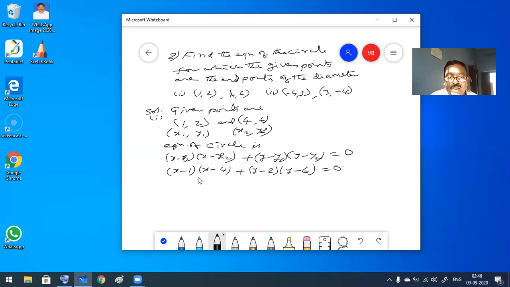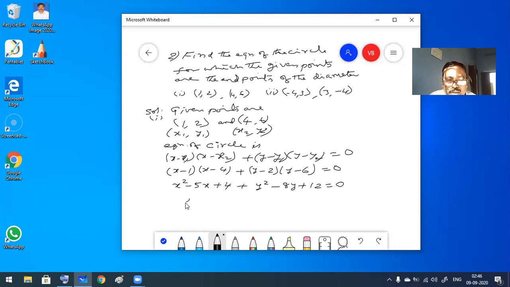Multiplying x minus 1 and x minus 4, you get x square minus x minus 4x, minus 5x, and minus 1 into minus 4 plus 4. Plus y square minus 2y minus 6y, minus 8y, minus 2 into minus 6, so plus 12, is equal to 0.